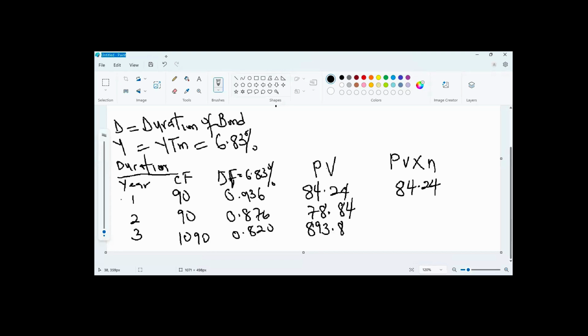Number 2, 2 multiplied by 78.84 is 157.68. Next, 2681.4. That's 3 multiplied by 893.8.